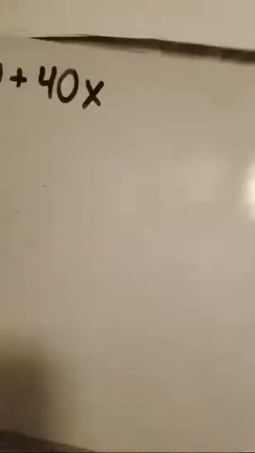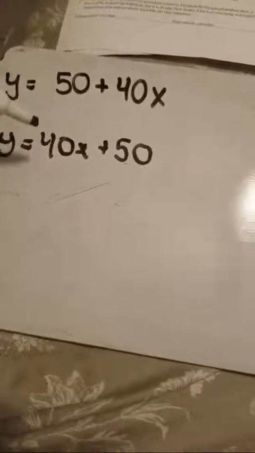So I have positive 50 plus 40x. So now you can write this either way. You can say y equals 50 plus 40x, or you can say y equals 40x plus 50. The commutative property of addition tells us that those equal the same thing. Now, next unit, you'll learn why this is the proper way, because we're going to build on this knowledge. But for now, you need to know this.